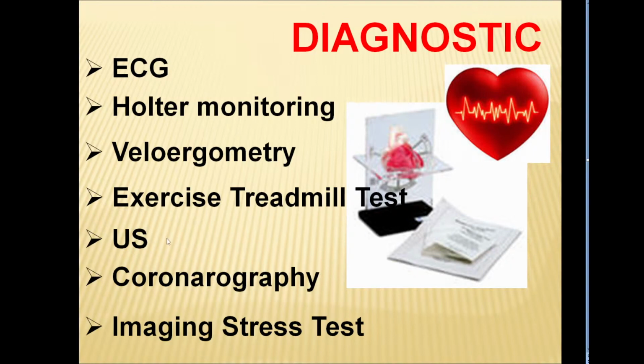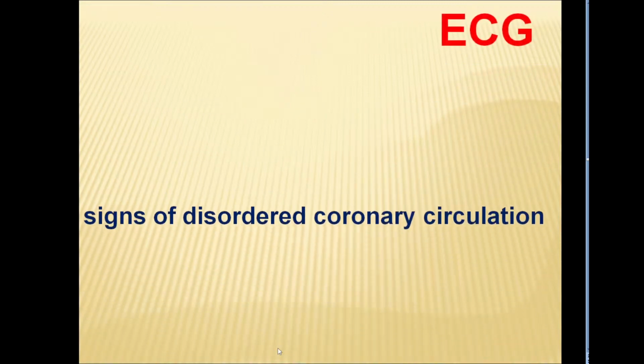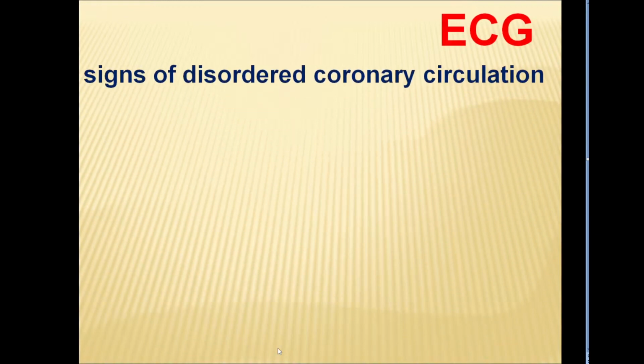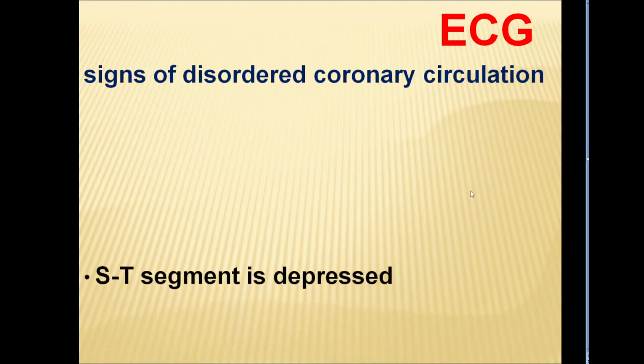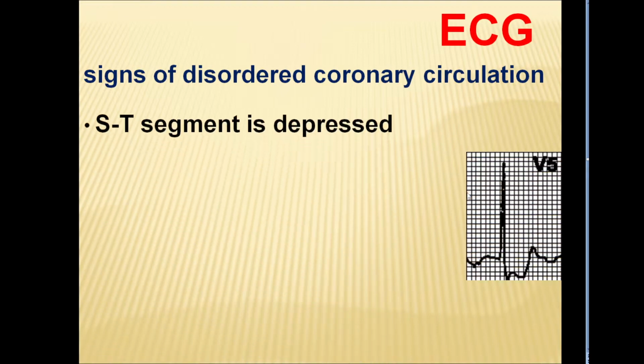We can use ultrasonography and coronarography of the heart coronary vessels or imaging stress test to reveal the site of the affected coronary artery and decide the question about next treatment. On ECG, signs of disordered coronary circulation appear only during attacks of pain.